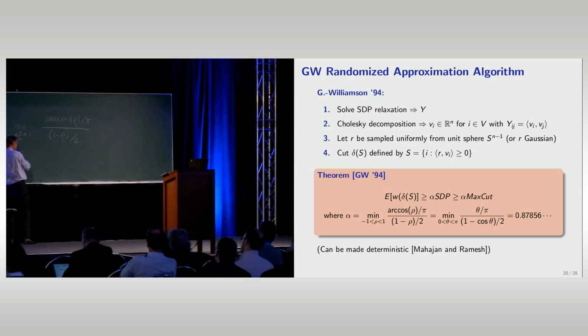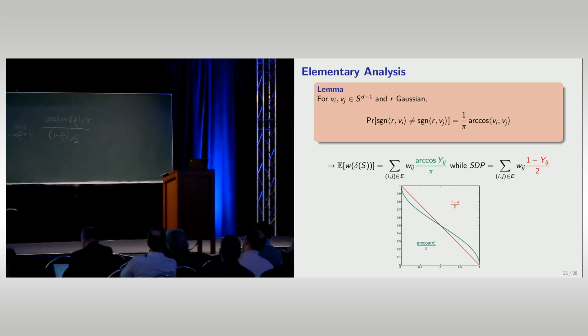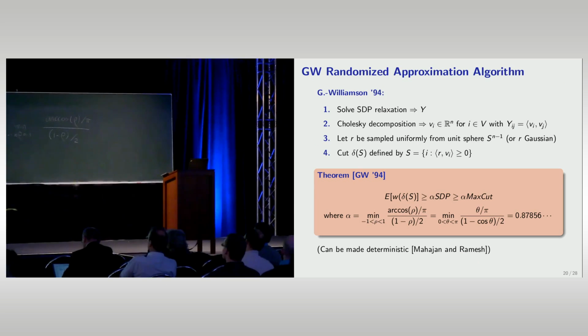The minimum is attained at something like minus 0.8. I think I have a picture. Yes, this is the linear function 1 minus x over 2, that's the R cosine, and the minimum between the two is given roughly here. When you compute that minimum, you get 0.87856, roughly.